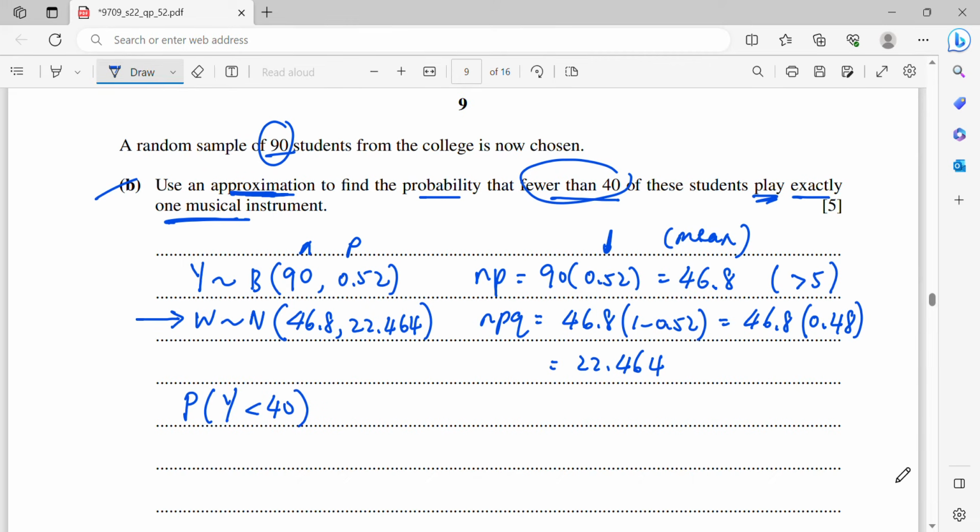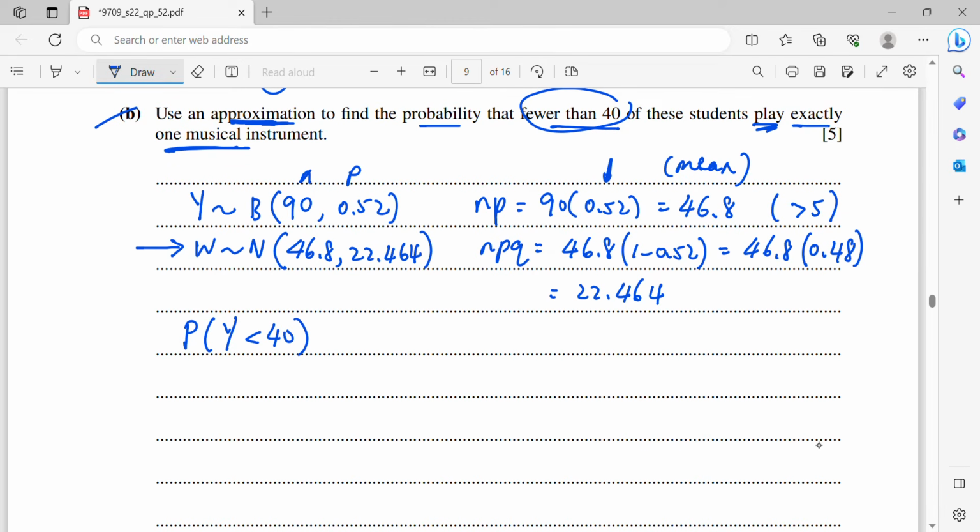Be careful with this, because at first your question belongs to binomial, which is discrete. Now, due to np being more than 5, and of course your n is also large, which is 90 here, we have to use normal approximation. The normal variable is continuous, binomial is discrete.